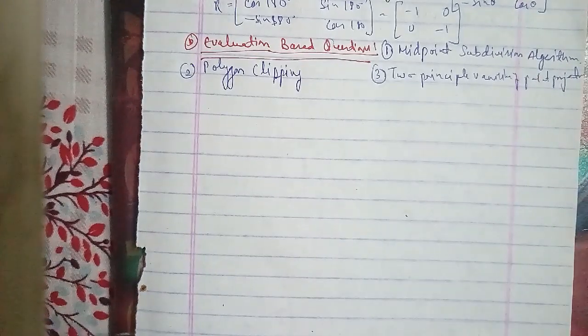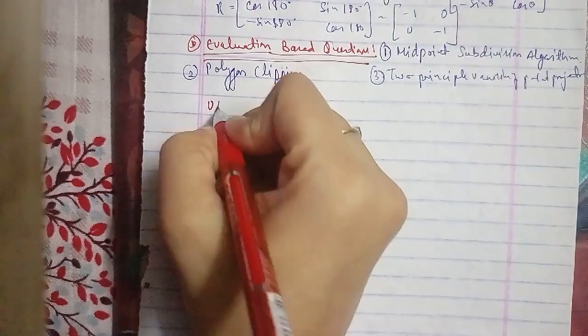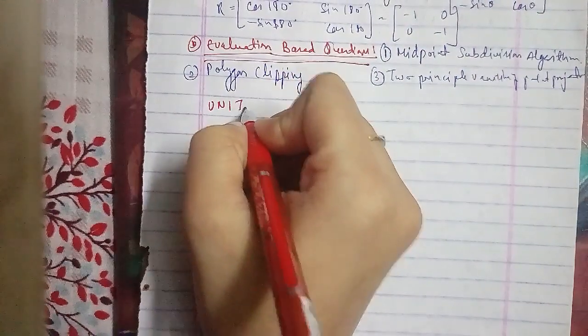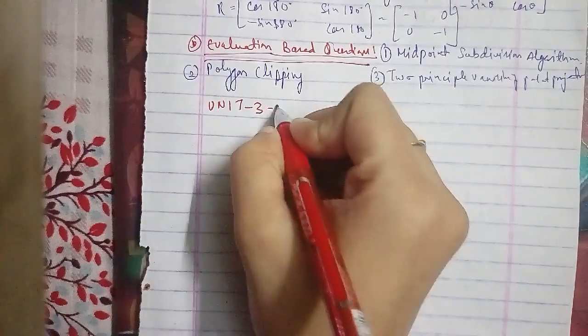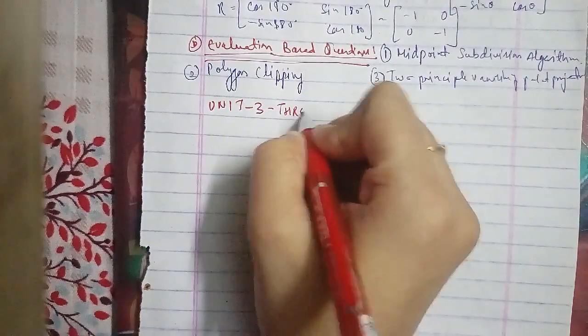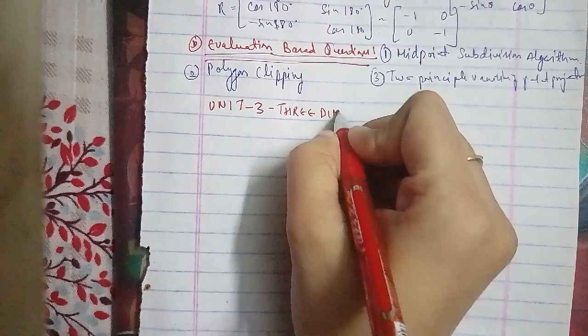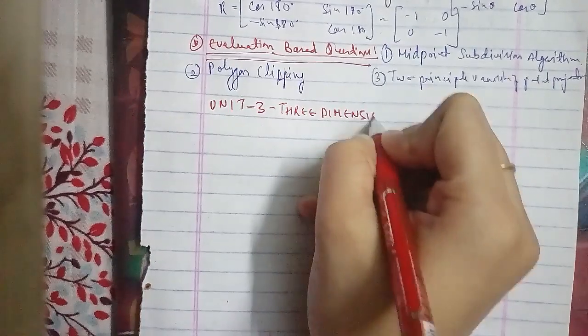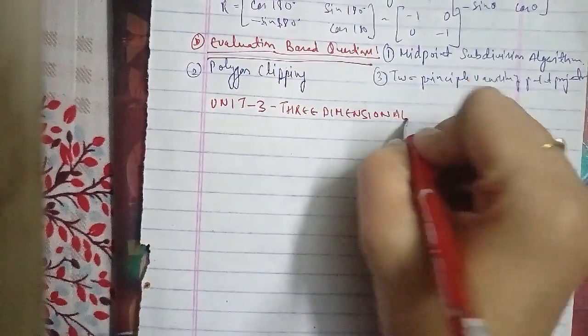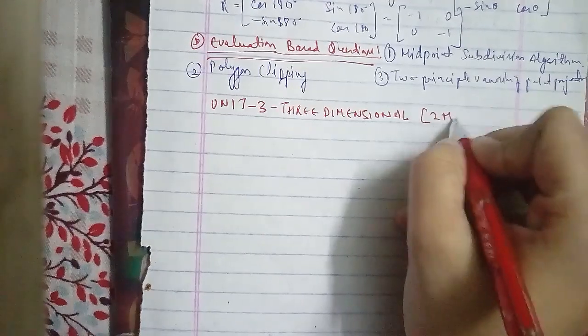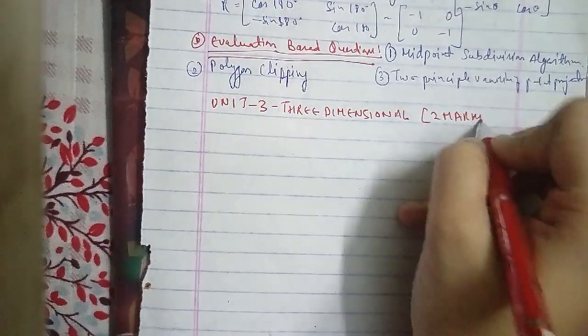Now we'll go ahead with another unit, that is unit 3, 3-dimensional, which is of 2 marks. We'll talk about each and every question here, as I told you.